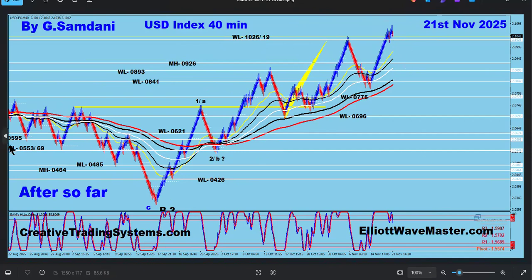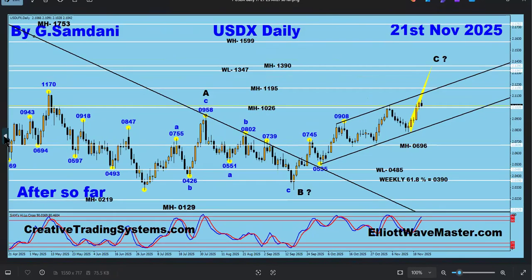But remember to keep an eye on this daily chart. It should be going into this 1390 or 1599. Well, time will tell. So let's get to this 1195 first, and then we will talk about 1347, 1390, or 1599. But so far, USD is on the move to the upside, getting strong. That's what needs to be understood.